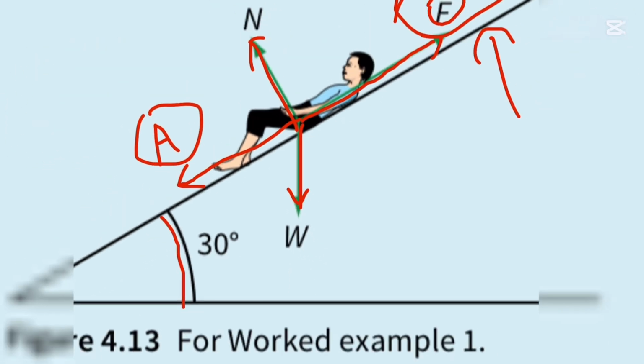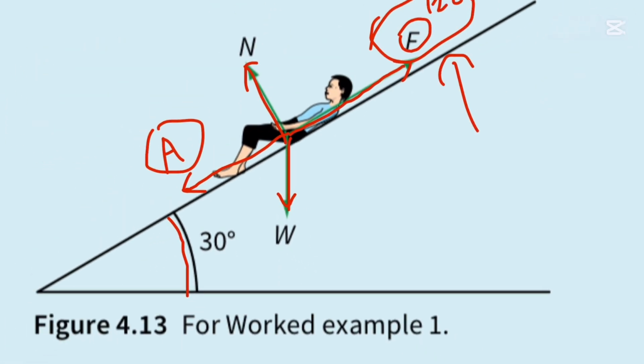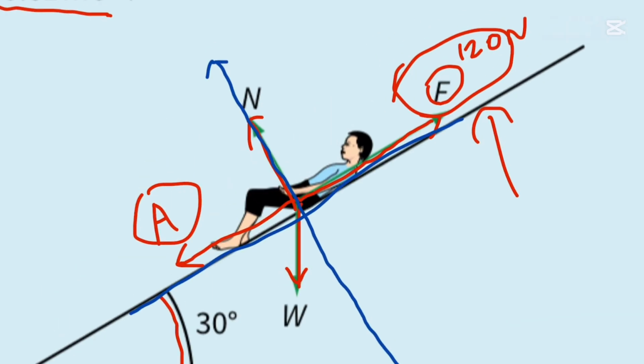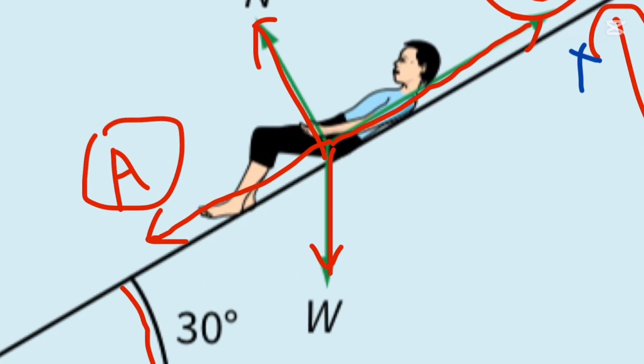The easiest way to do this for me is drawing a y-x coordinate system. I'm sorry if this is really messy. Along this line is gonna be the A force right here.